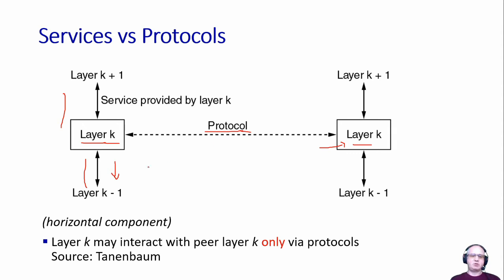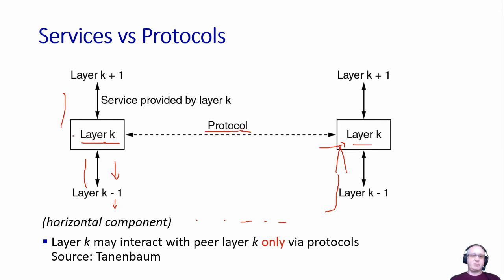So if data needs to be exchanged, it is passed from layer K to layer K minus 1, and then maybe to a lower layer, and at some point it goes across the wire, and then it goes back up this layer here. But layer K does not directly interact with layer K minus 2, K minus 3, and so on.